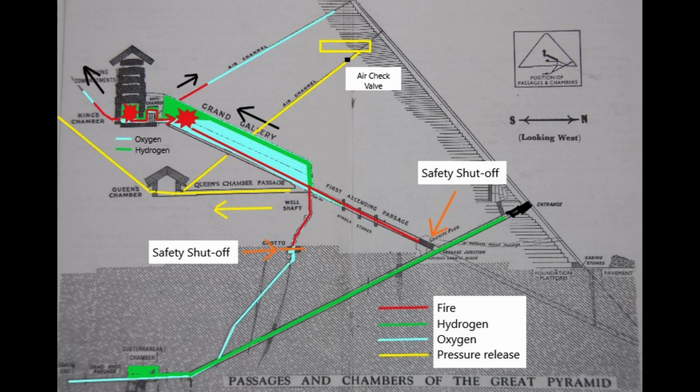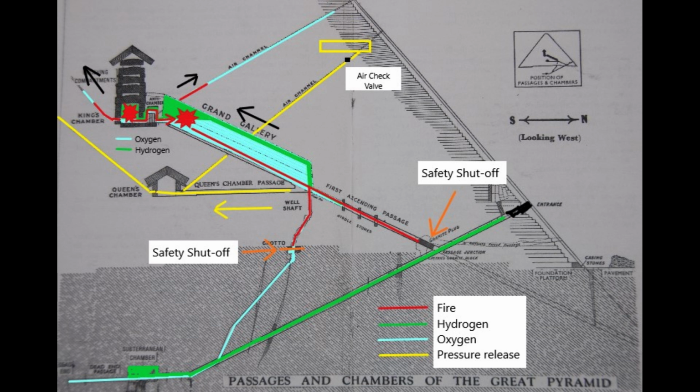It goes into the void. But any extra hydrogen that would get blown into the queen's chamber would get burned up by the second arc that's inside there. It would ignite anything left over as byproduct. So that way it's only blowing hot air up through those check valves.